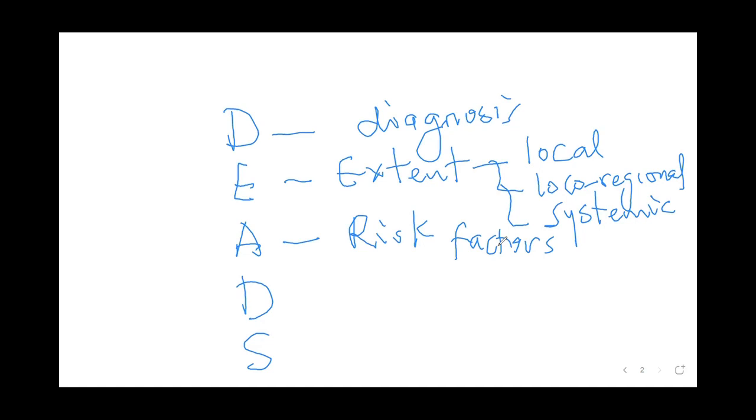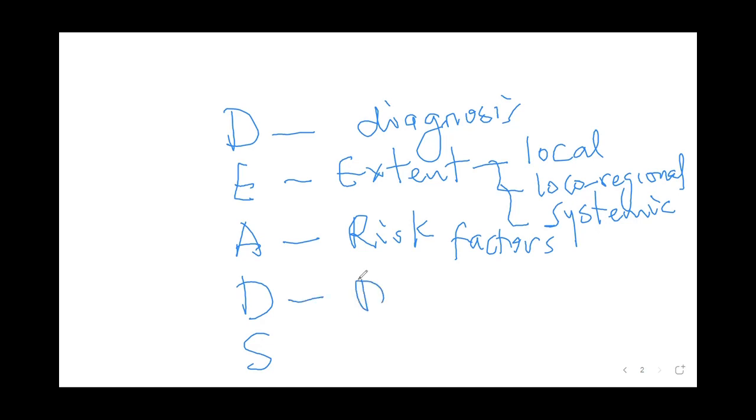What are the risk factors? Because they must surface in your history. So without understanding the risk factors of the disease you are clerking, you might miss out a lot of points while taking the history. So this etiology here is represented by the risk factors.